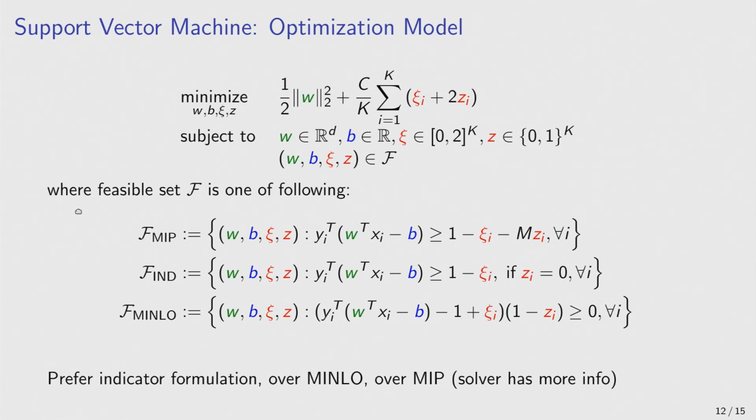So the second objective term sort of makes sense when you look at the constraints. Ideally, what we would like to have for all i is y_i times the support vector expression to be greater or equal to 1, right?